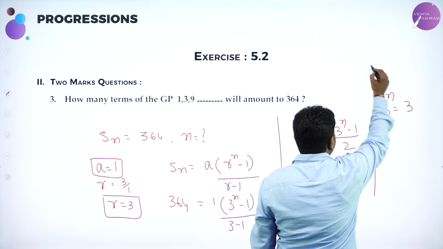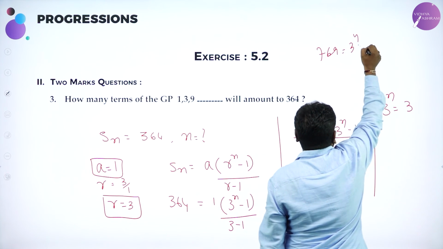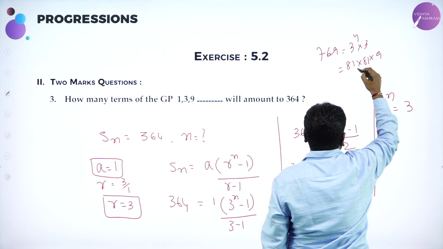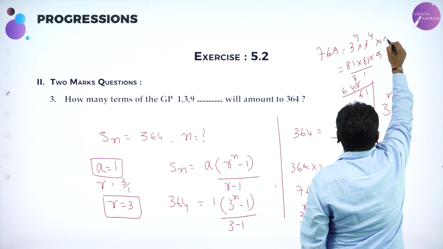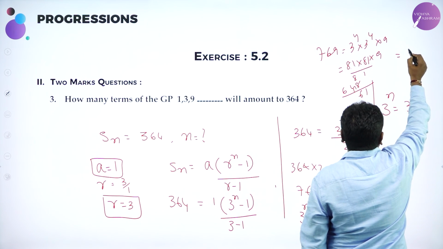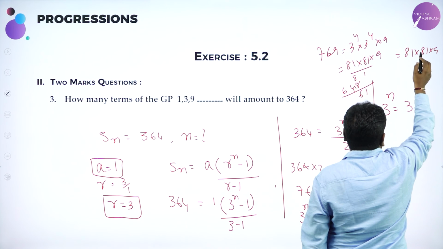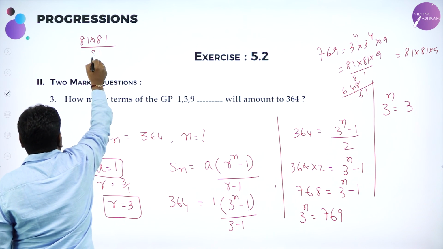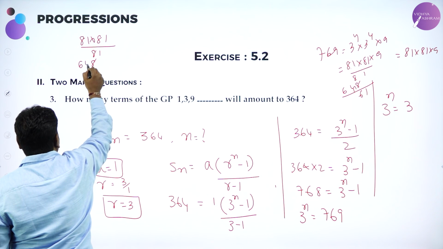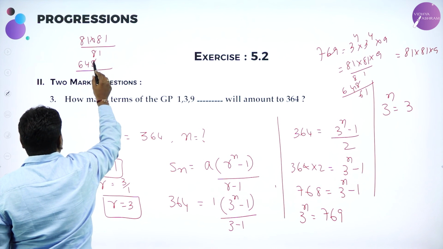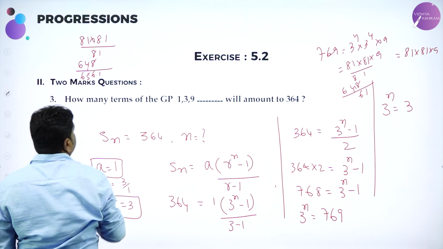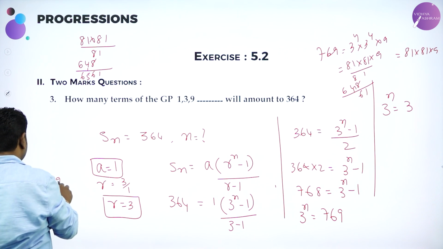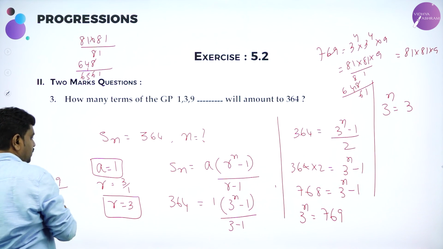3 power n is 729. Try with 3 multiples. So I know 3 power 4 is 81. 81 into 9, if I do what will I get? 81 into 81, if you simplify, 1, 8 ones are 8, 8 eights are 64, 6561. 81 into 9, if I do, 9 ones are 9, 9 eights are 72, 729, yes.